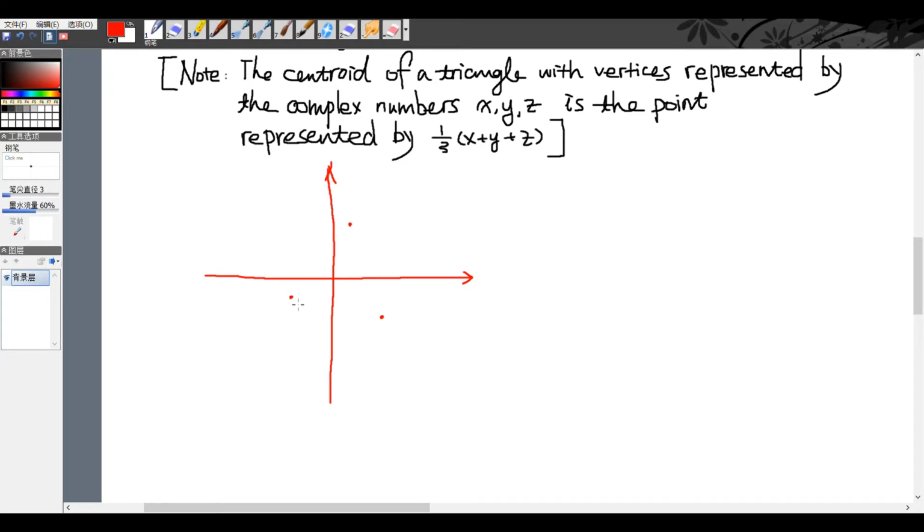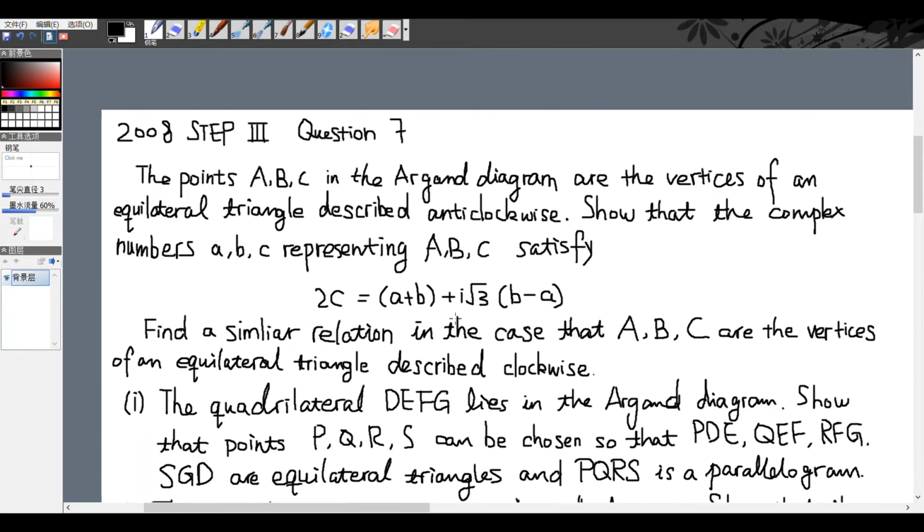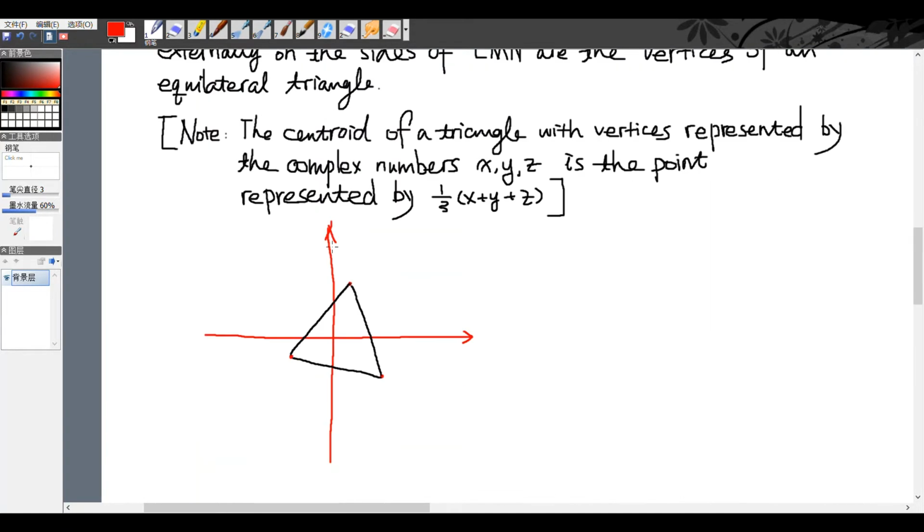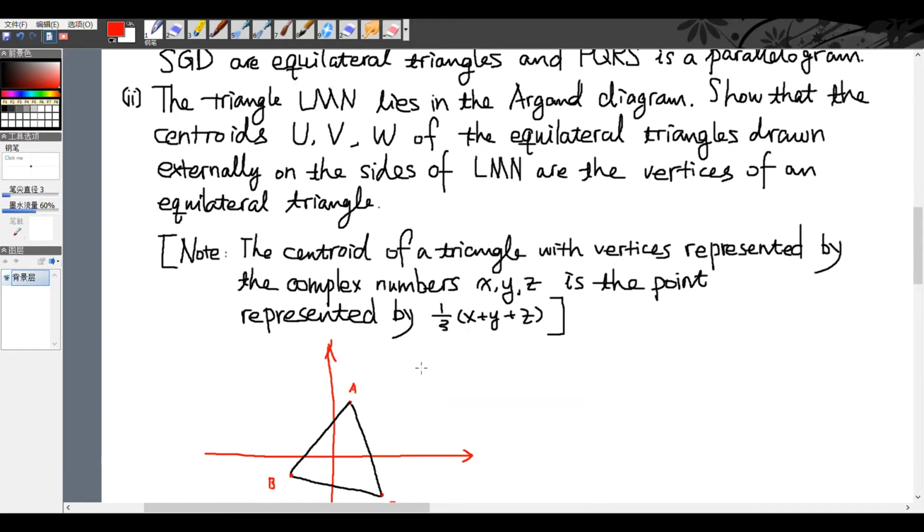Maybe it's not very nice looking, but it's just used for illustration. So here is our equilateral triangle, and it's described anticlockwise, so we have A, B, and C.